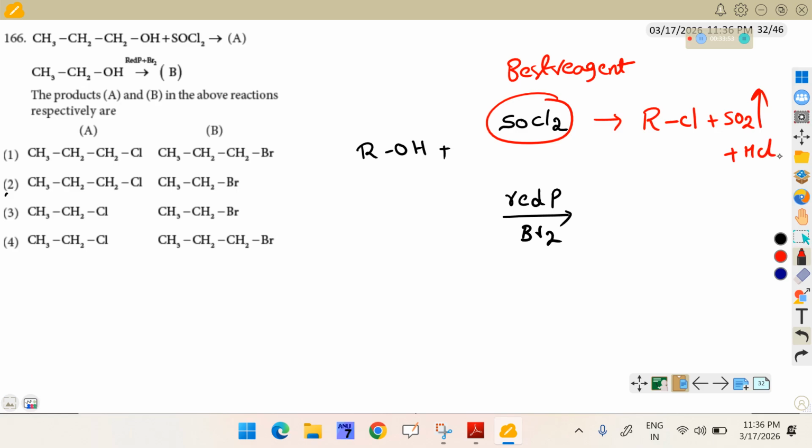Preparation of haloalkane using SOCl2 from alcohol, the method is called Darzens' method. So remove the OH group, and in the place of OH substitute Cl. Even alcohols react with red phosphorus and bromine. Yes, remove the alcohol group, substitute bromine. So the correct option is the second option.